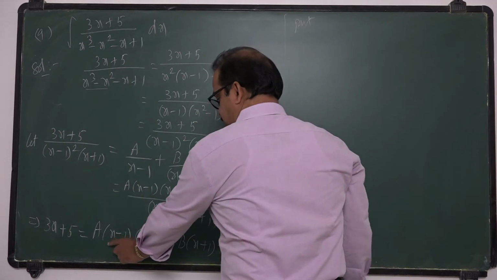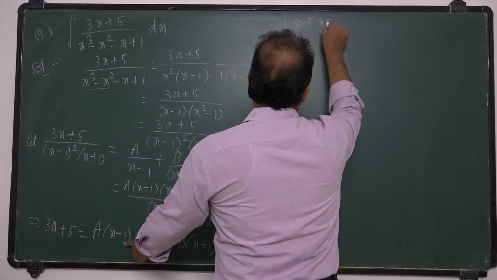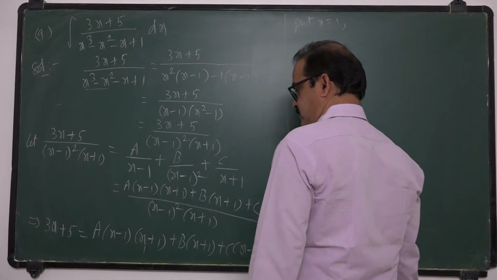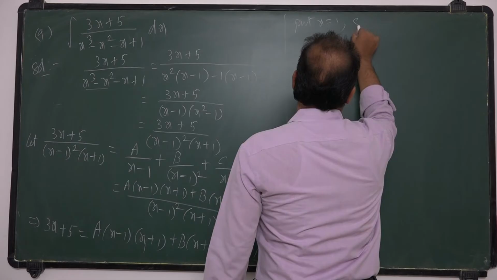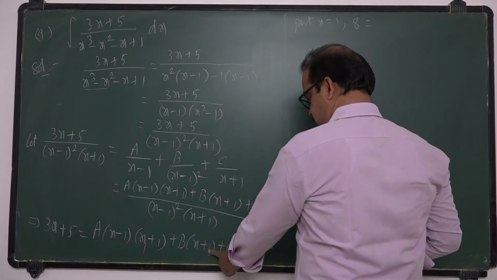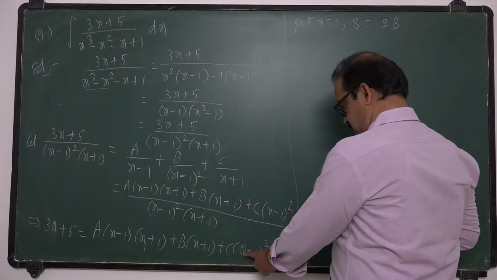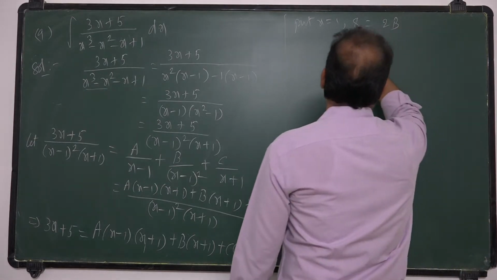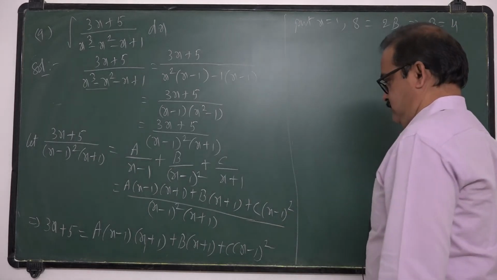If you put x is equal to 1, then LHS becomes 3 plus 5, 8, is equal to: this term is 0, 1 plus 1, 2, 2 into b. This term also becomes 0. So 2b is equal to 8, and from this b value is 4.